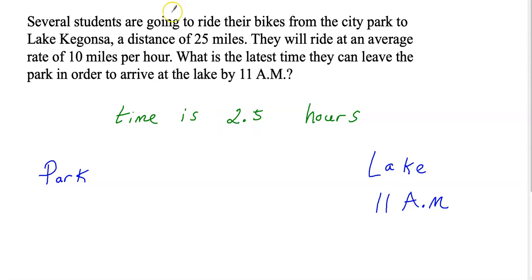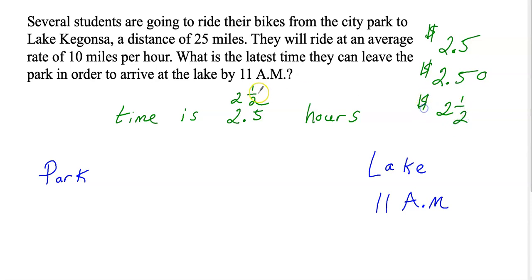Well, hopefully you know that 2.5 hours is the exact same as 2.50 hours. I mean, think about it, 2.5. If this were money, right? I could rewrite it as $2.50. Well, the 50 cents is a half a dollar. So this is just like $2.50.